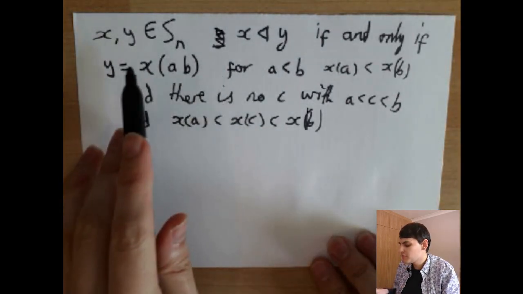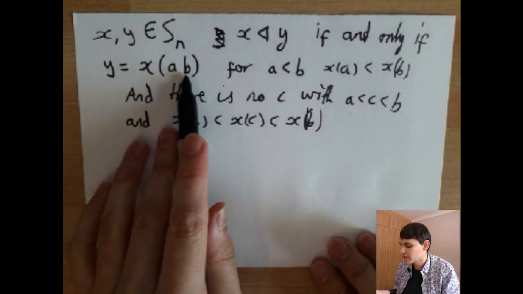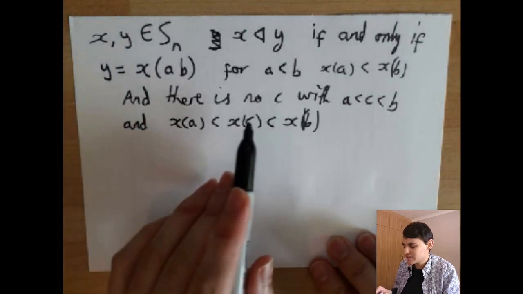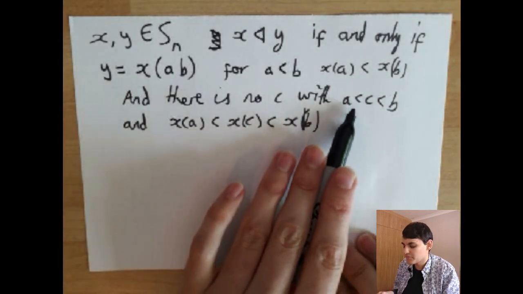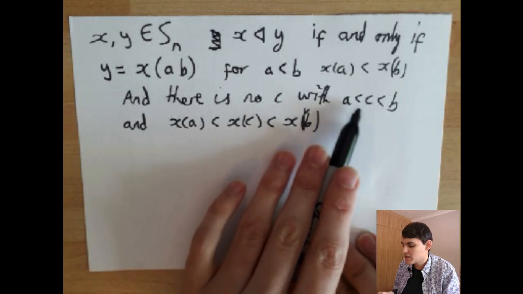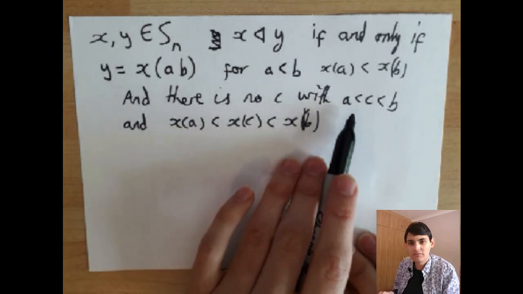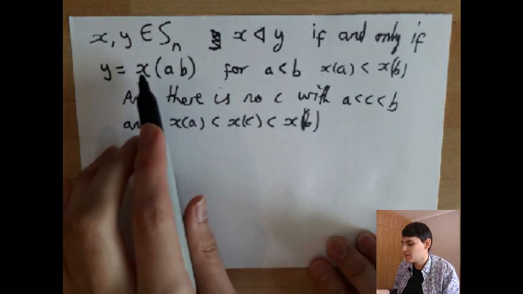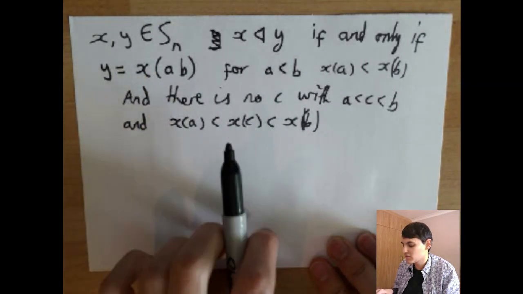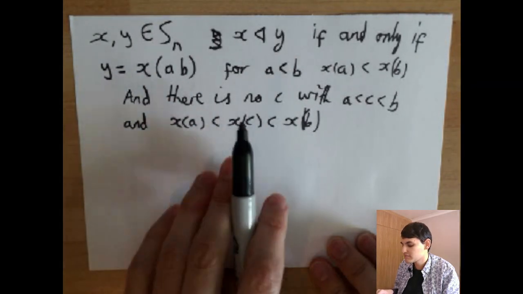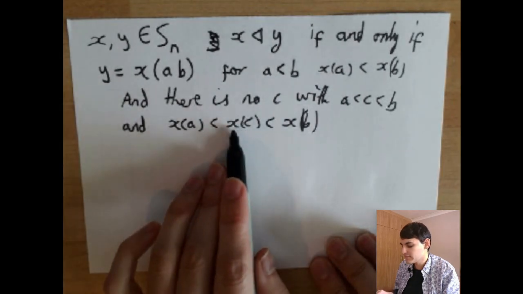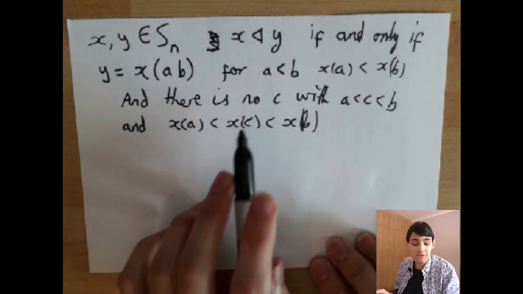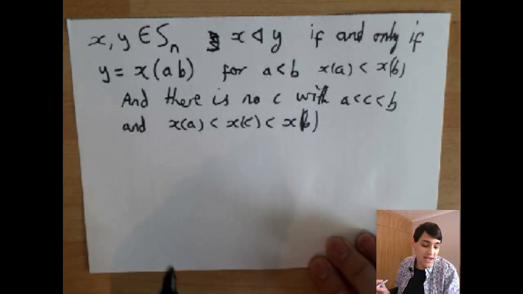If you can find a transposition with this, and A and B are not necessarily consecutive, but the permutation X doesn't make X of C between X of A and X of B, then you've got a covering there.